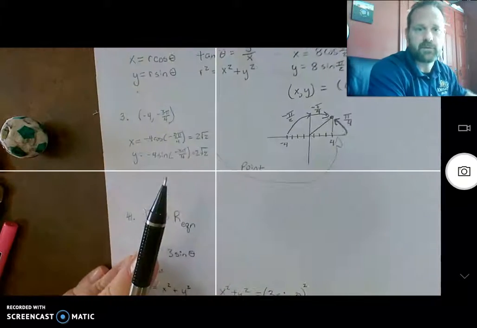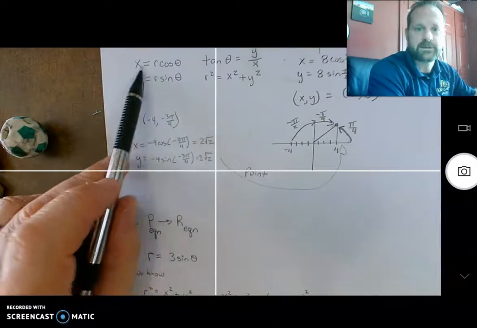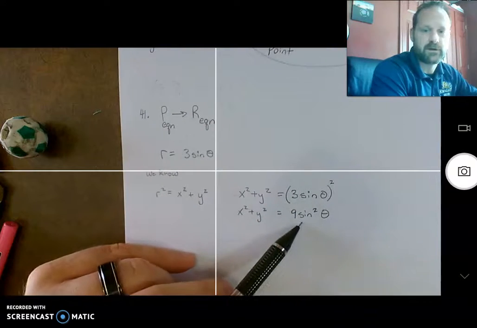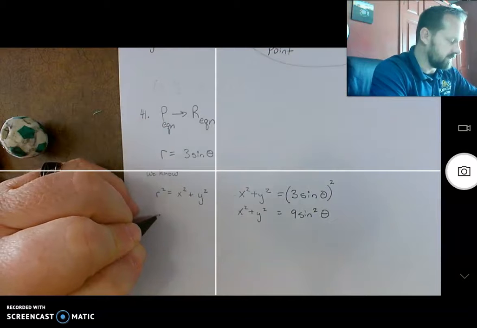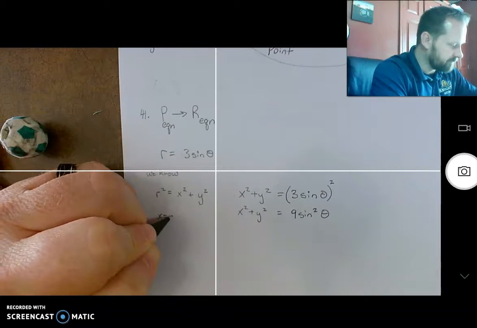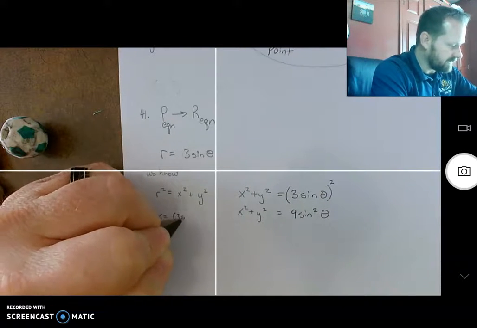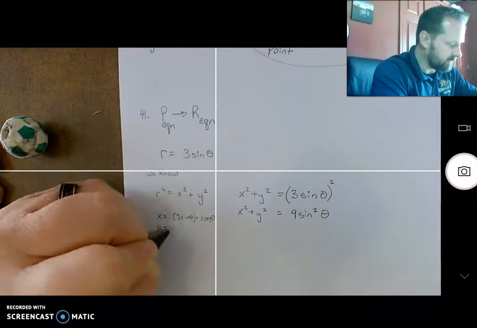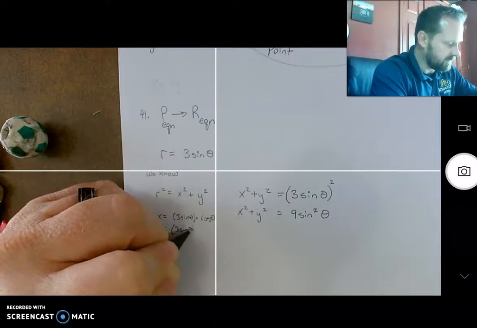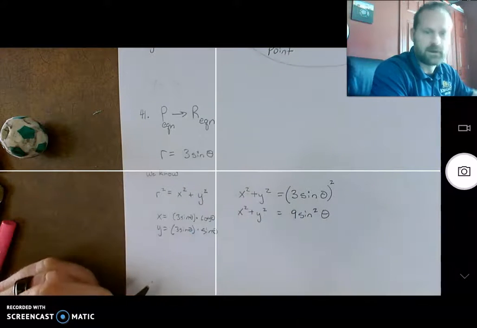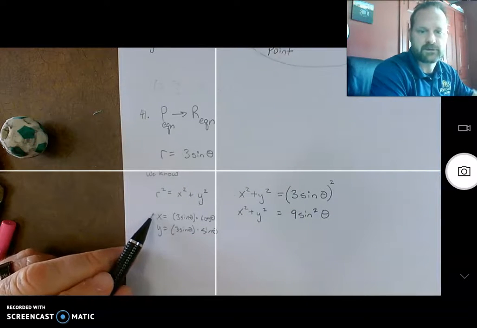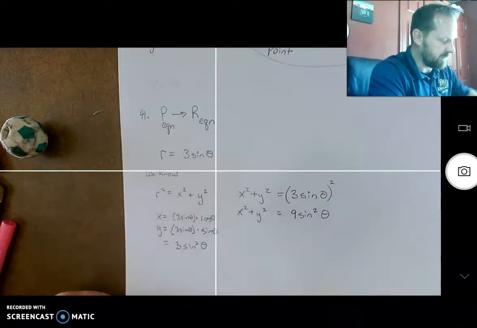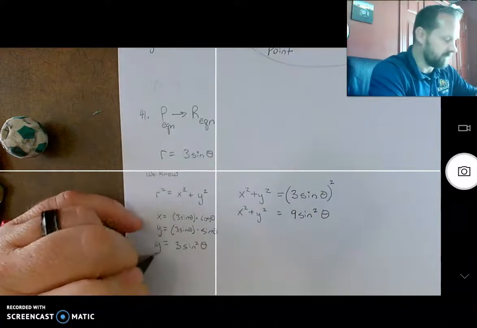You remember from earlier, x equals this, y equals that, so if I take a shortcut here, I can see x equals 3 sine theta times cosine theta, and y equals 3 sine theta times sine theta. I don't need this one, and I'll show you. But this one is 3 sine squared theta. That's my y for this problem.